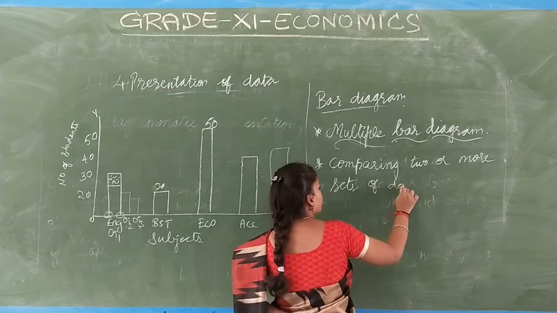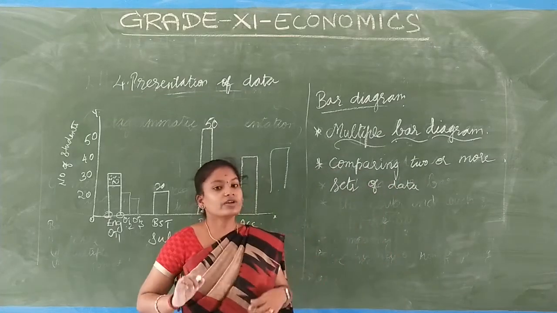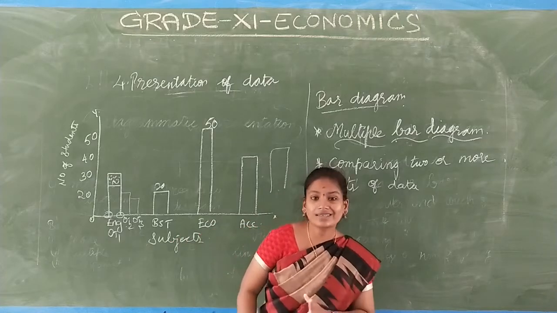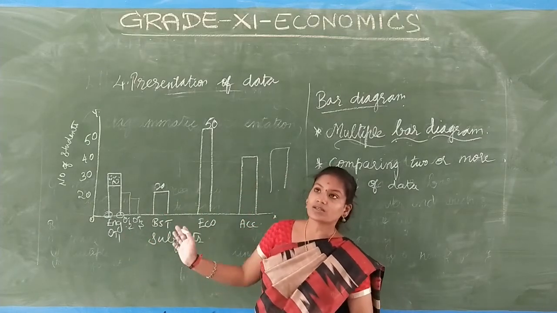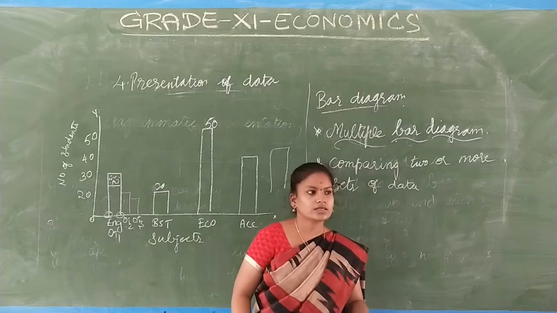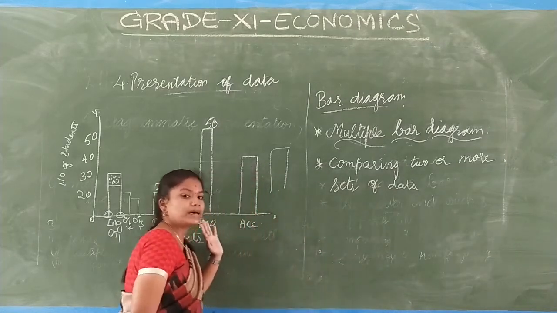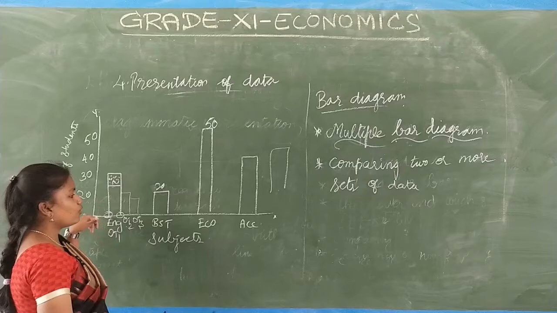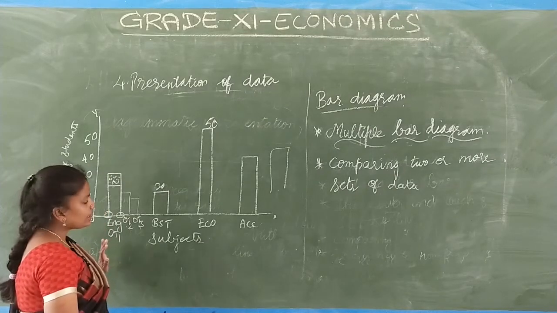Sets of data. Children, in simple bar diagram even we go for comparing, but that compares one variable, one class with another class, one category with another category. But here, two or more sets of same data. As I said, English, T1, online test 1, online test 2, online test 3.